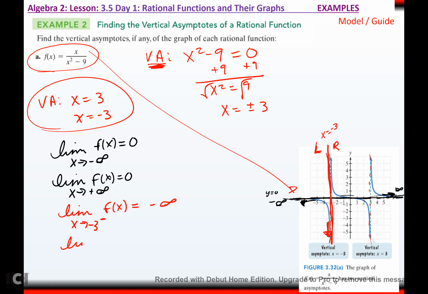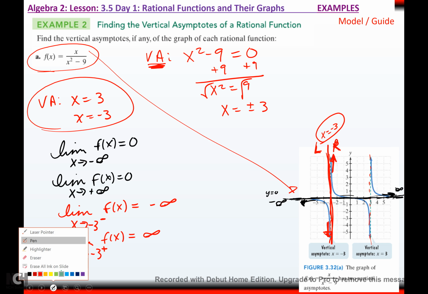If I do the right side, the limit as x approaches -3 from the right, here's my x equals -3, here's the right-hand side, the arrow closest to the right-hand side is pointing up, so we say the function is getting closer to infinity.